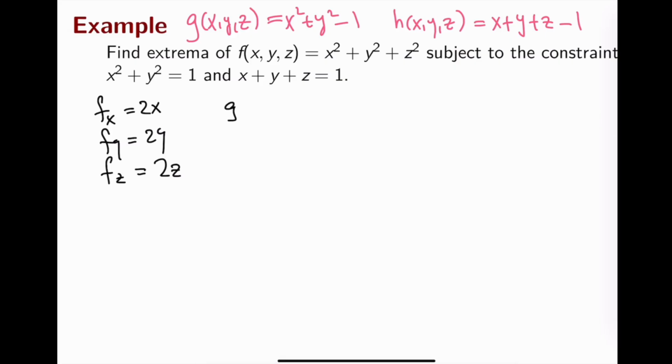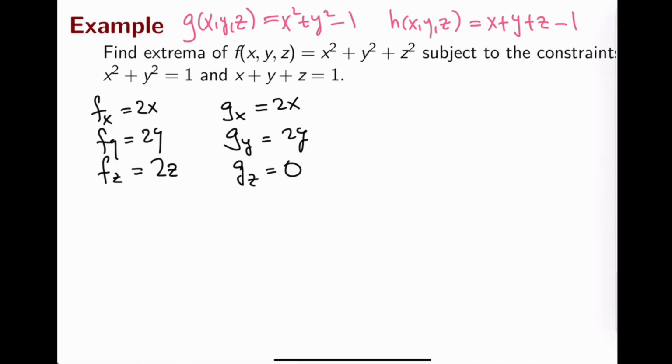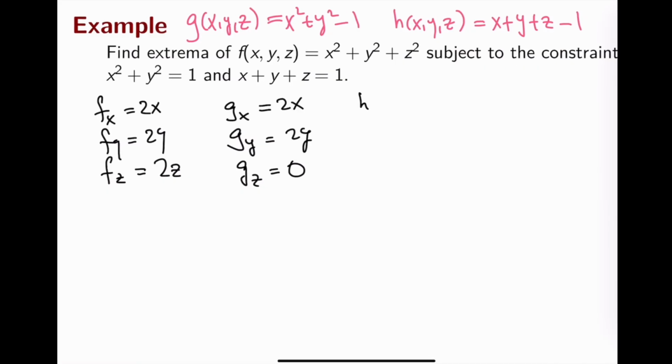The derivative respect to x is 2x, the derivative respect to y is 2y, and the derivative respect to z is 0. There is no variable z there. And then we do the same with the function h. The derivative of h respect to x is 1, the derivative respect to y is 1, and the derivative respect to z is 1 too.